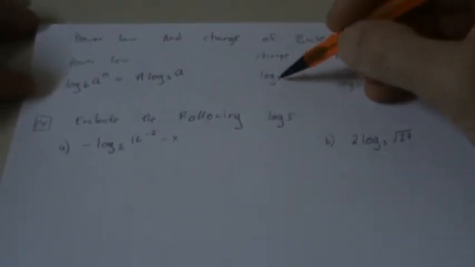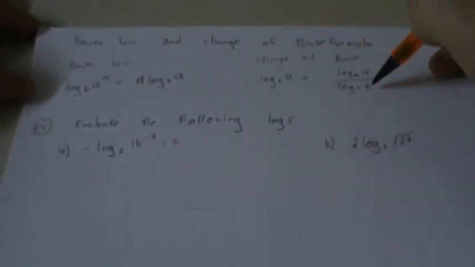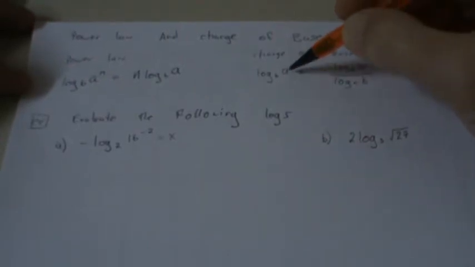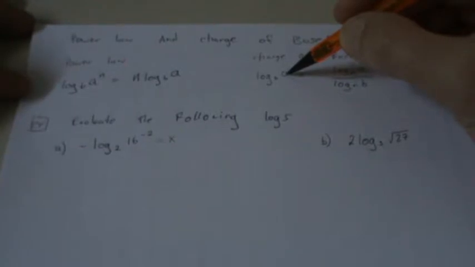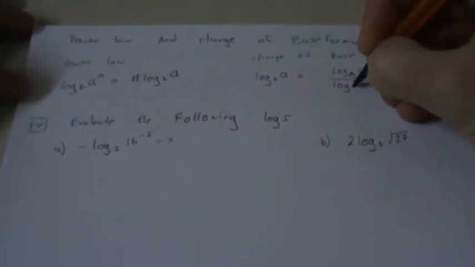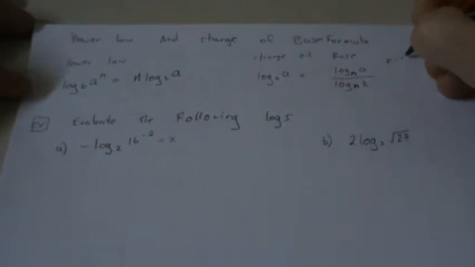It says if I have a single logarithm with a base and an argument, I can write it as the quotient of two logarithms, where the base of the logarithm is now the argument of the logarithm in the denominator, and the argument of the previous logarithm is now the argument of the logarithm in the numerator, and I can actually choose whichever base I want, and that base can be any number, and they're both the same. Usually n is equal to 10.